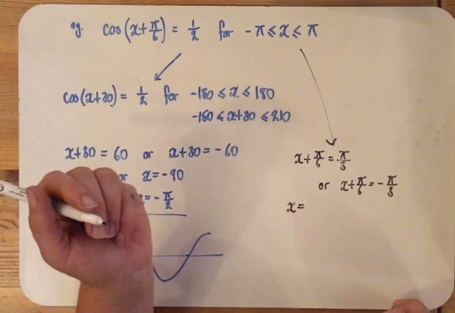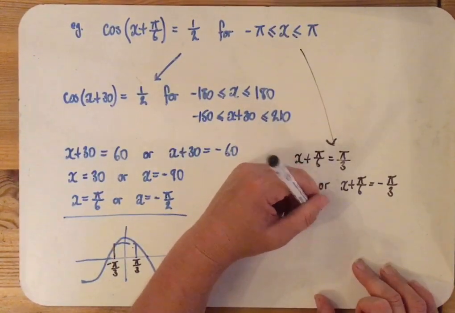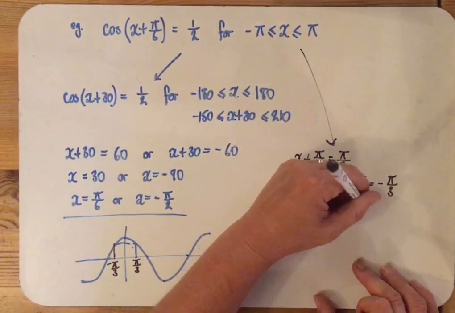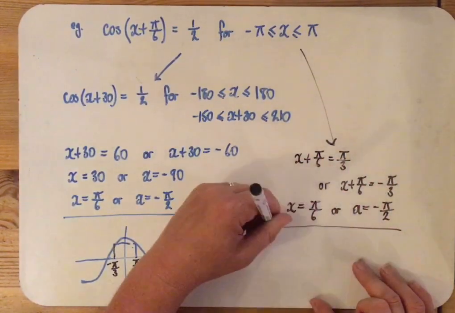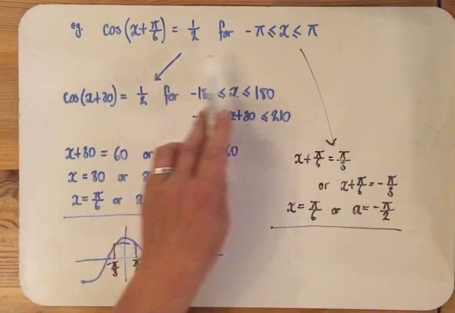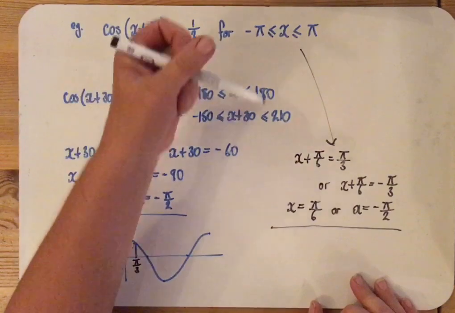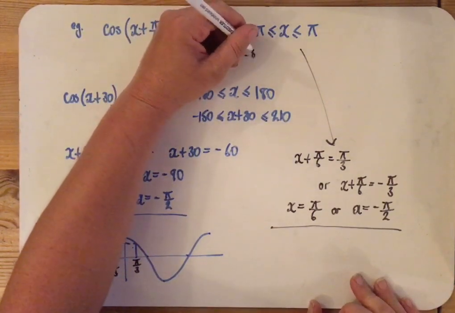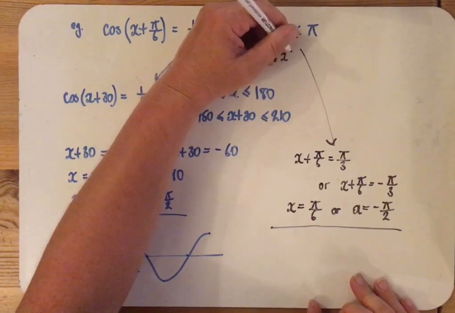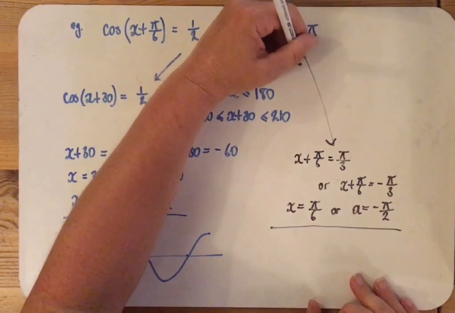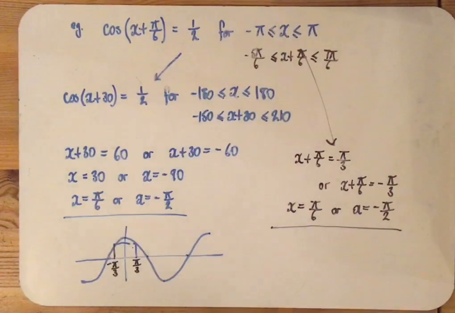So you end up with x equals pi by 6 or x equals negative pi by 2. The other thing I should have said is you should change your limits at this stage here by adding pi by 6. So it would be minus 5 pi by 6 is less than or equal to x plus pi by 6 is less than or equal to 7 pi by 6.